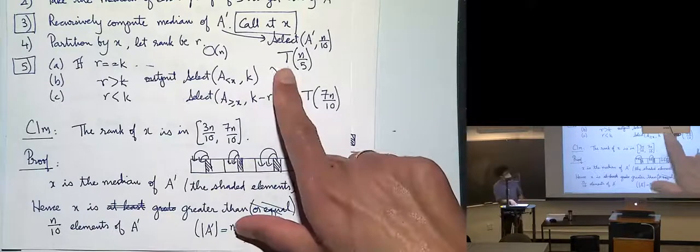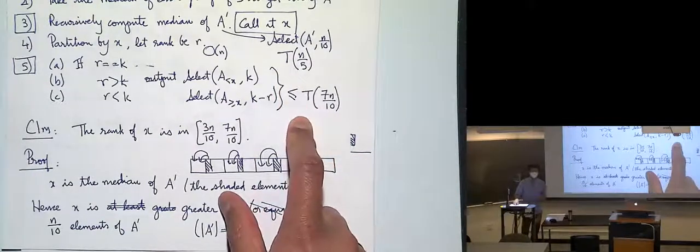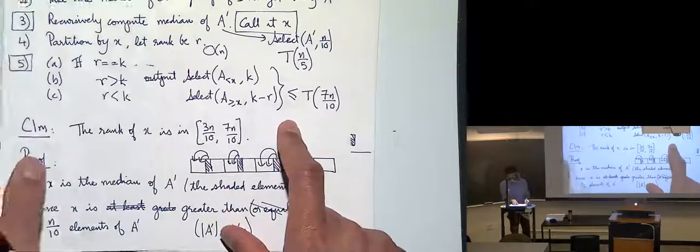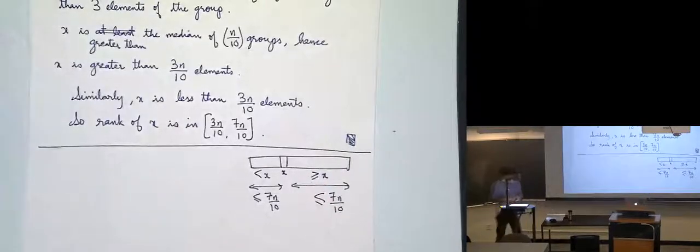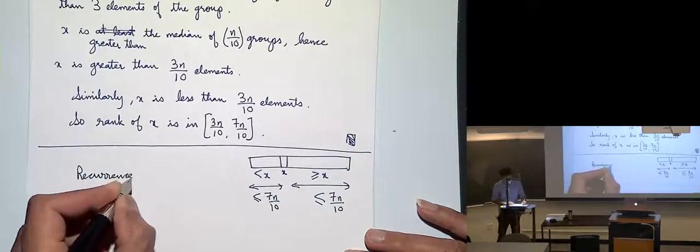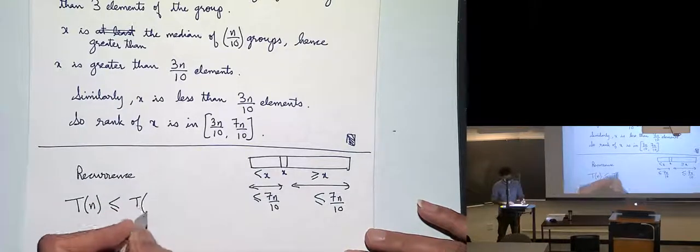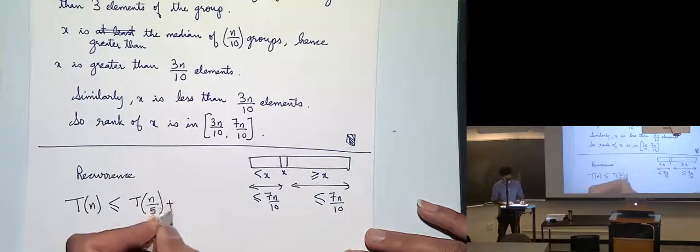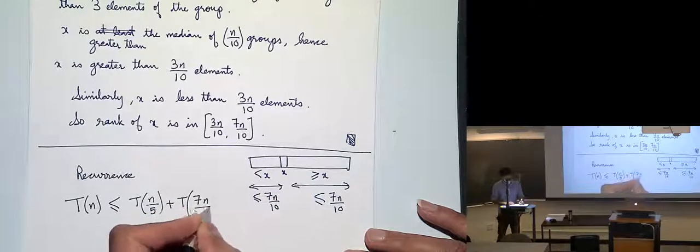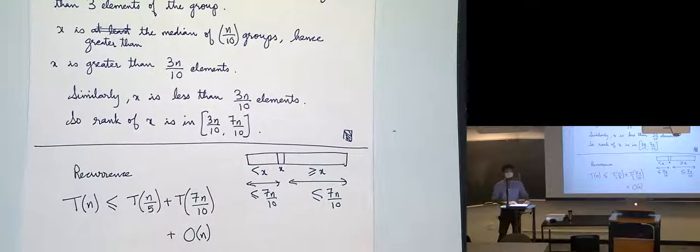Okay, so there's one call T of n over 5 and the second call is T of 7n over 10. And everything else is linear, so the recurrence is T of n is at most T of n over 5 plus T of 7n over 10 plus O of n.